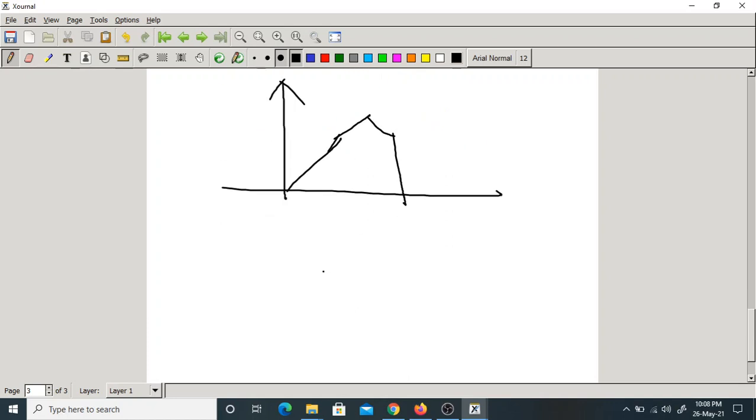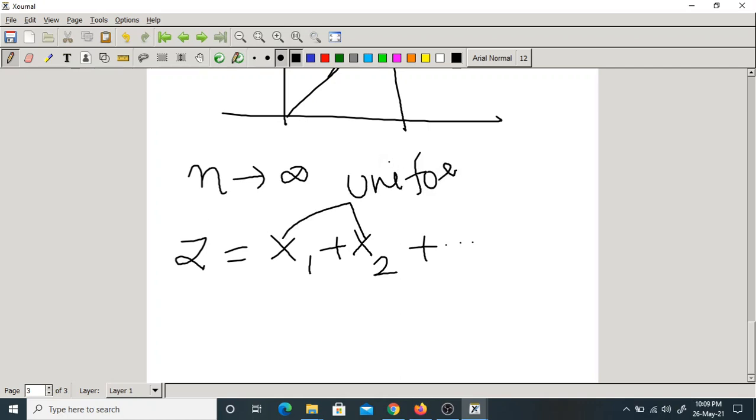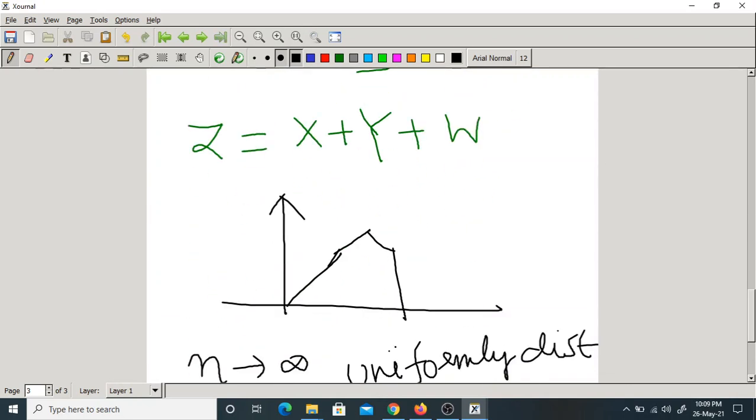So if you had an infinite number of uniform random variables, let us take z equal to x1 plus x2 plus so on, all uniformly distributed. With two random variables, it was like a triangle. With three, it was something like this.